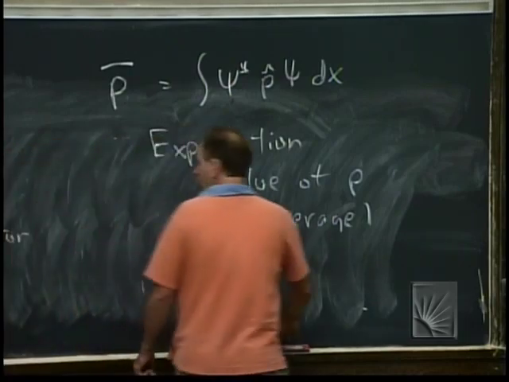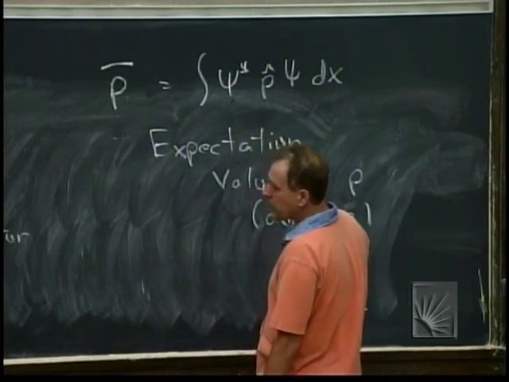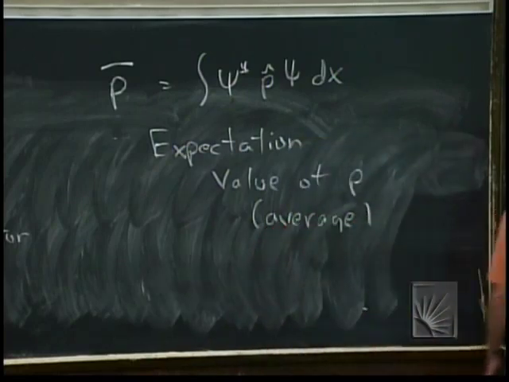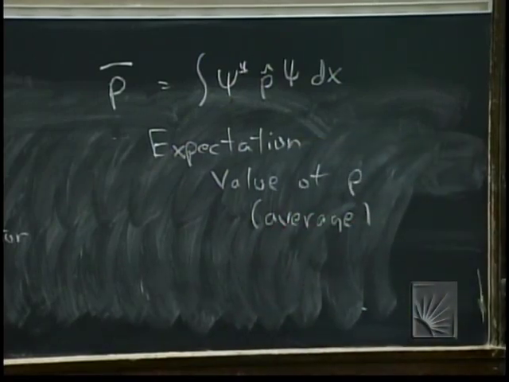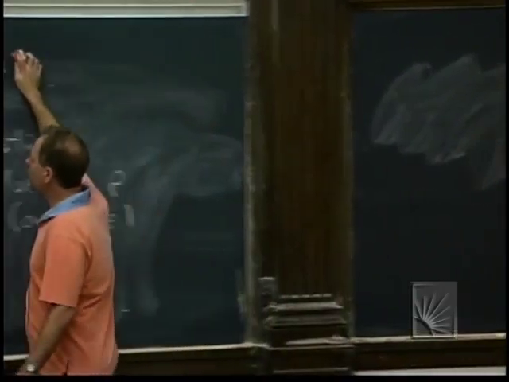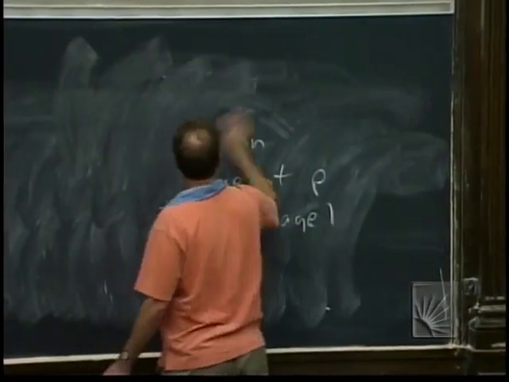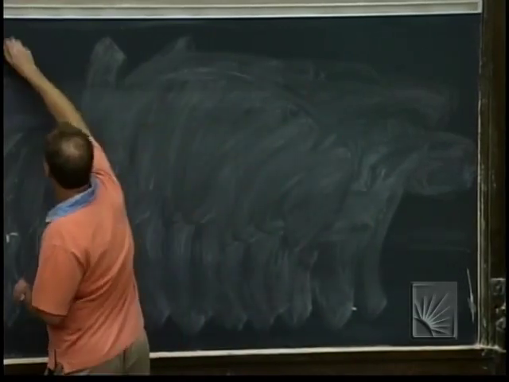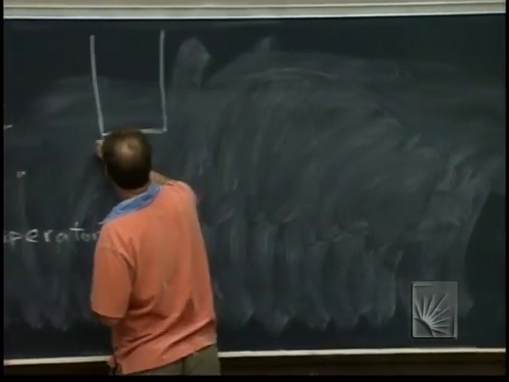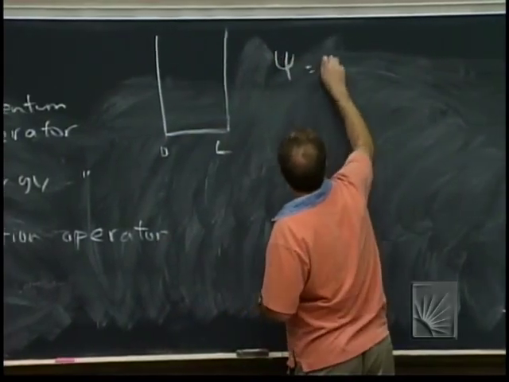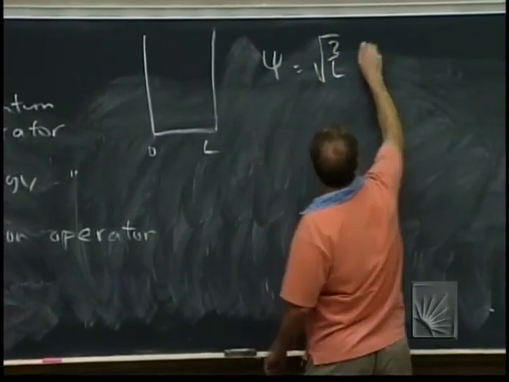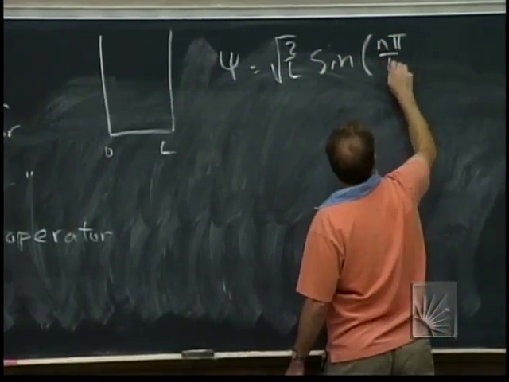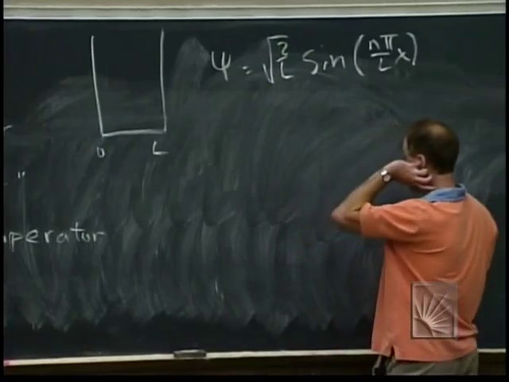To the case of our particle in a box, psi was the square root of 2 over L sine n pi over L x, right?